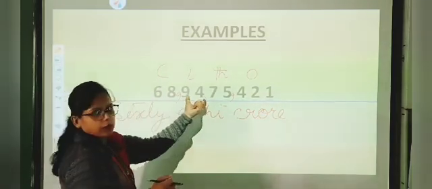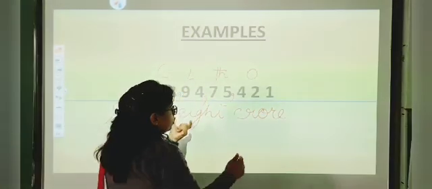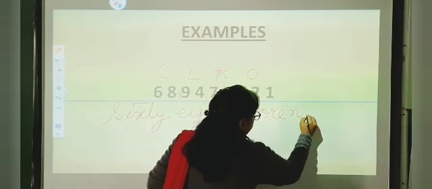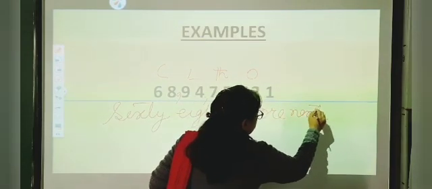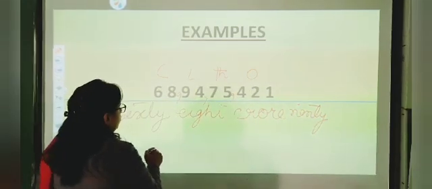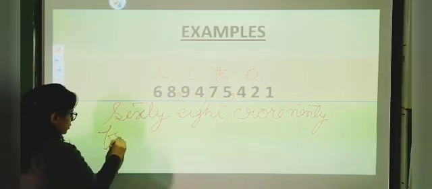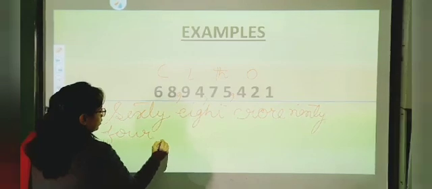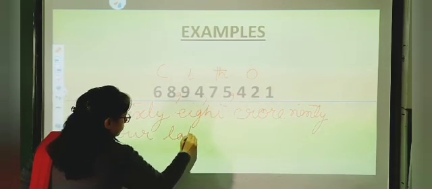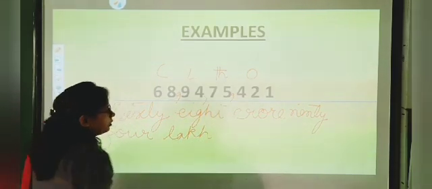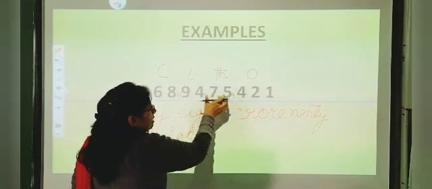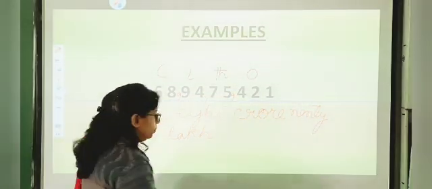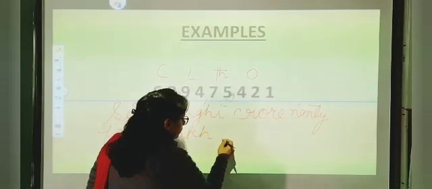Then 94 lies in the lakh group, so it will be 94 lakh. And then the next group is thousand, so 75 lies in the thousand group.